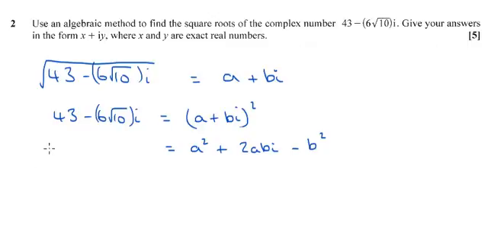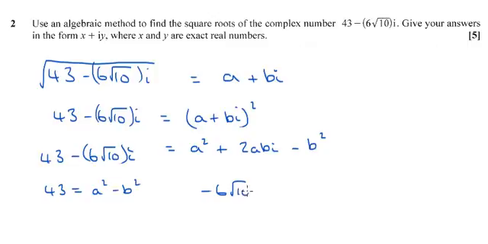And we can then compare that to the left hand side, because we can split it into the real part, which is the 43, and that has to equal the a squared minus the b squared, the real part on the right hand side, and the -6 root 10 needs to equal this 2ab here.